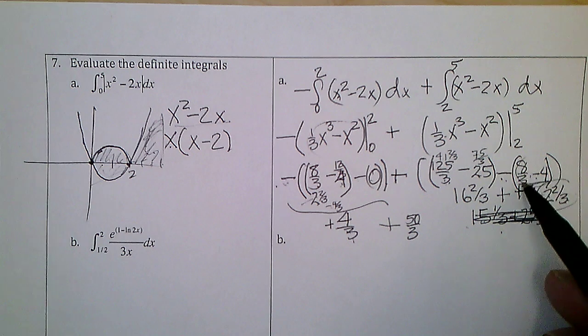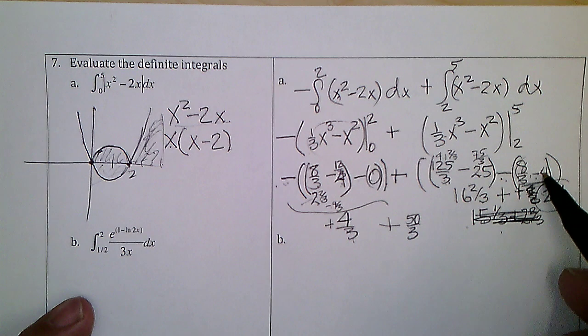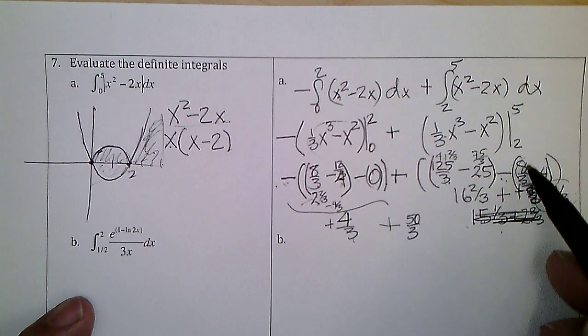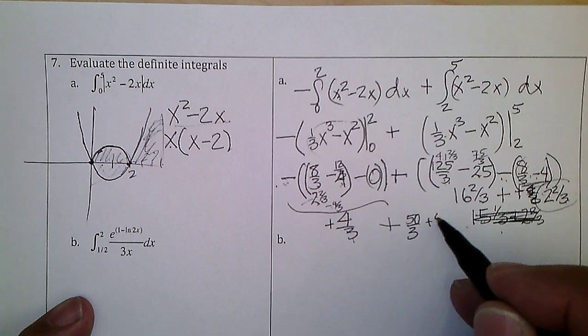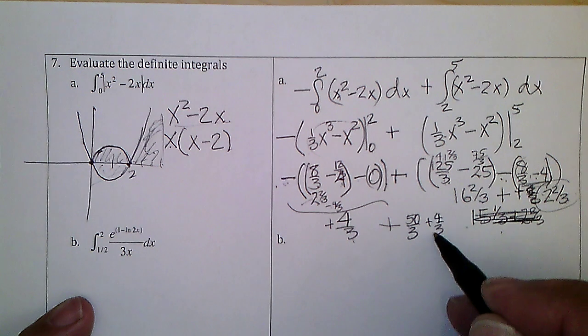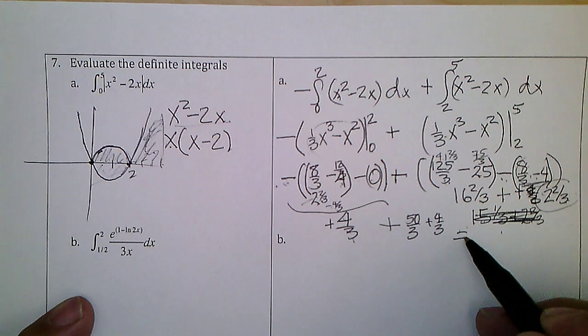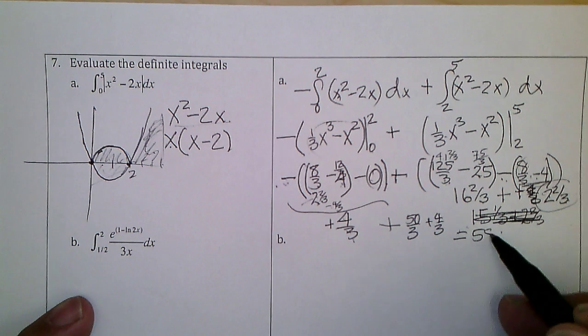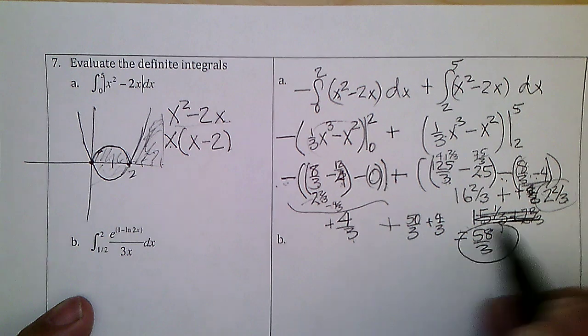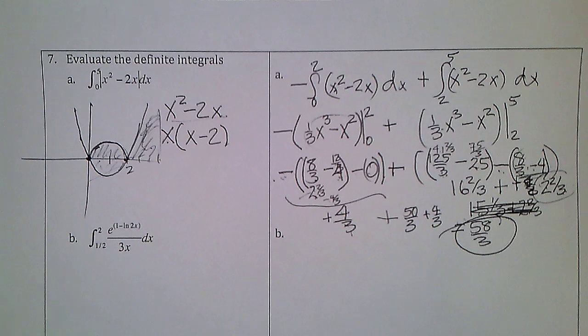And then 8/3 minus 12/3 is minus 4/3. Minus minus is plus 4/3. So this is 58/3. That's the correct answer. I had some trouble there with the fraction, sorry.